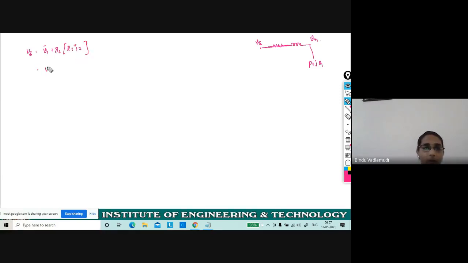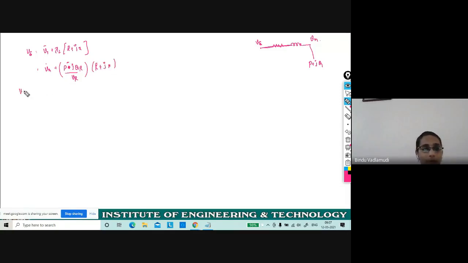From this, we wrote the expression VR bar plus IL, which is (P plus jQR) by VR, into R plus jX.